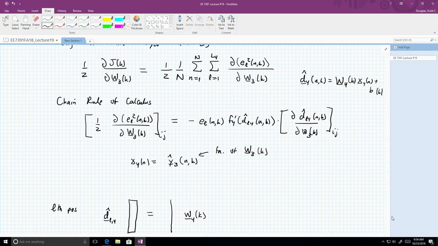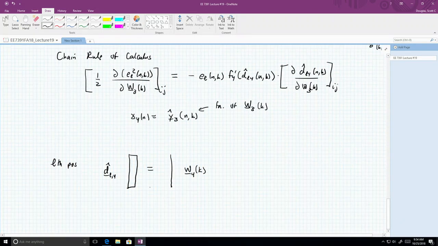That's what I want to be able to work out. So if I look at my DL4, by the way, this is equal to function 3 of W3 of K, X3 of N plus B3 of K, right? So there's where my dependence on W3 is.